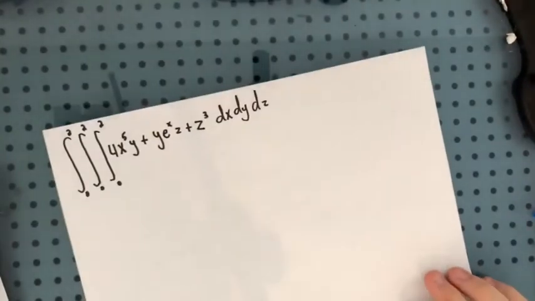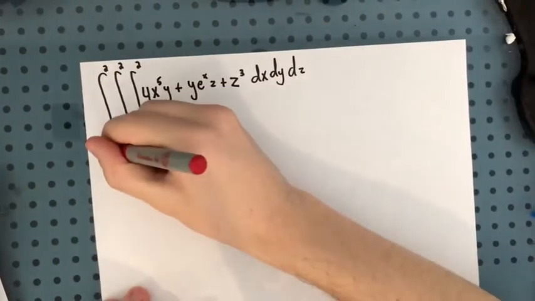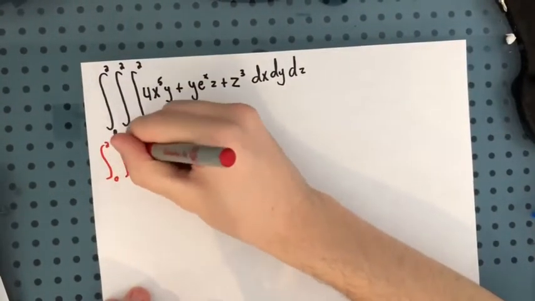So here we have this integral over here, and first step, integrating with respect to x. So 0 to 2, 0 to 2.